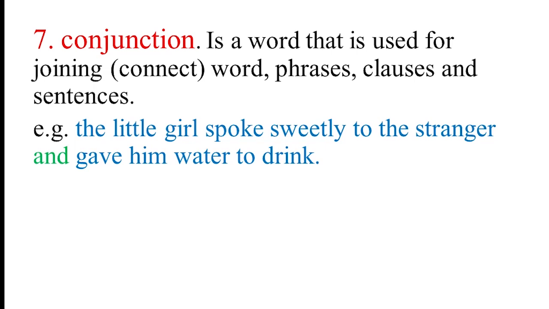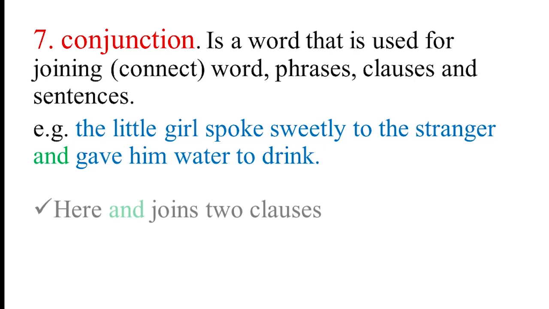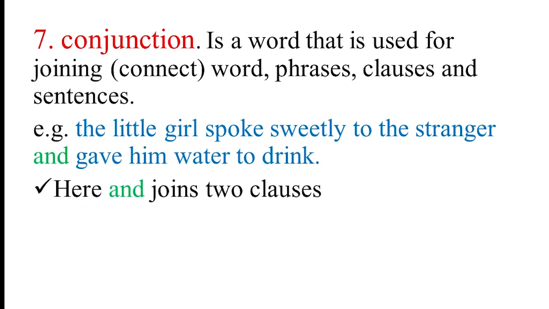The first one is the little girl spoke sweetly to the stranger, and the second one is gave him water to drink. The word and connects the two clauses. It joins two clauses.